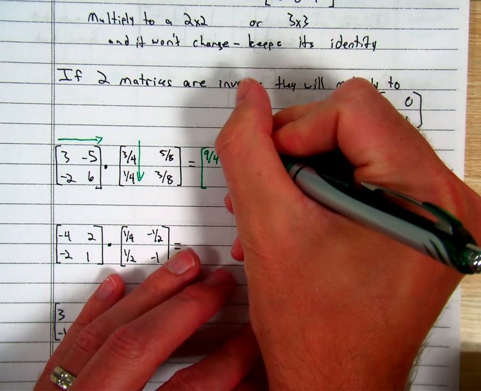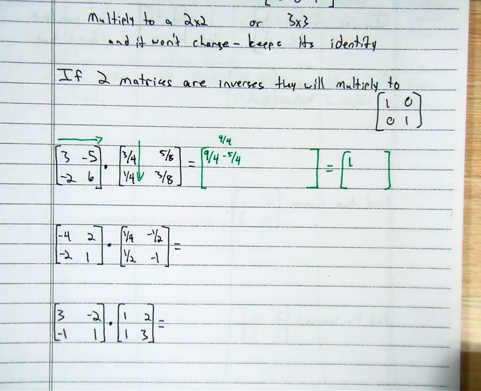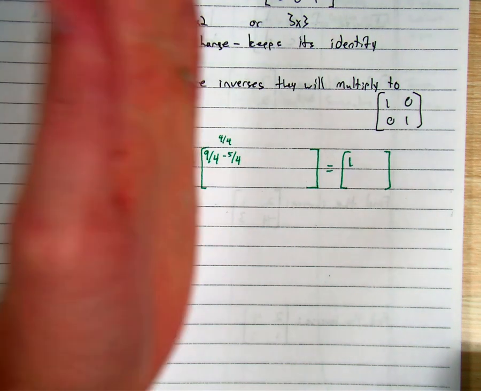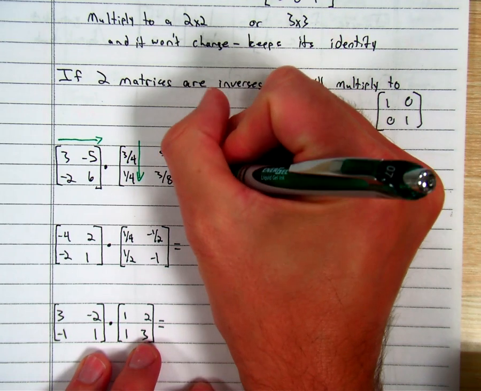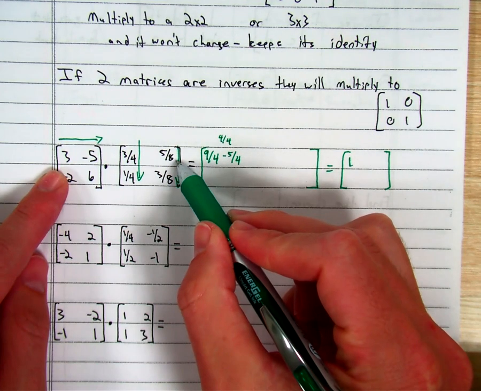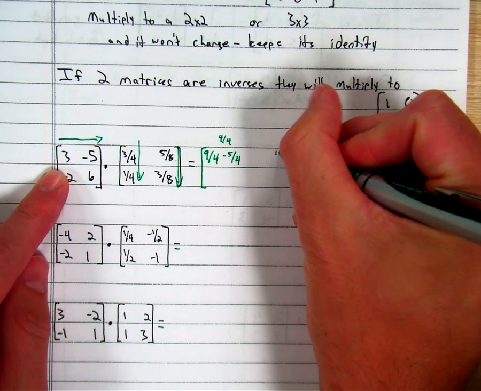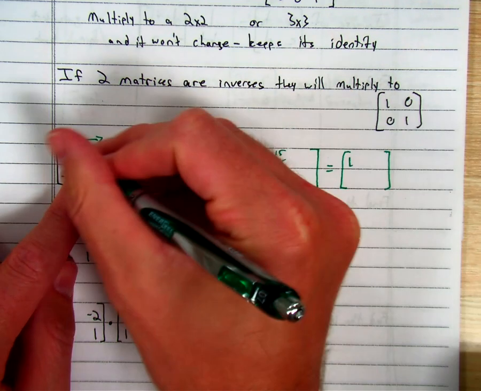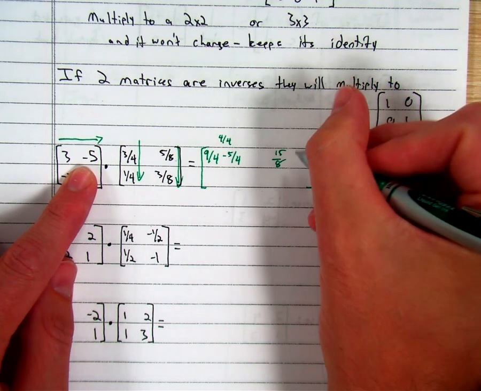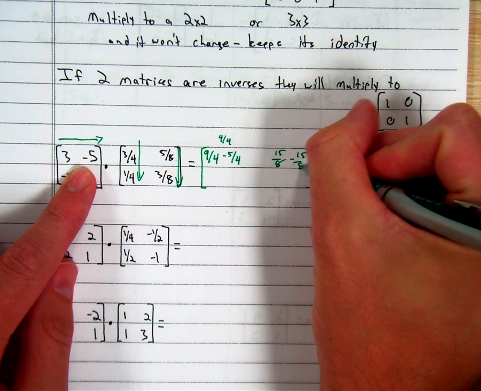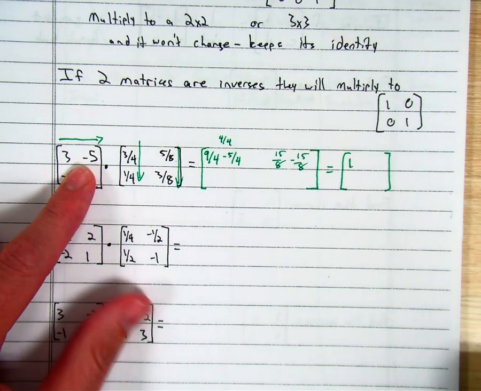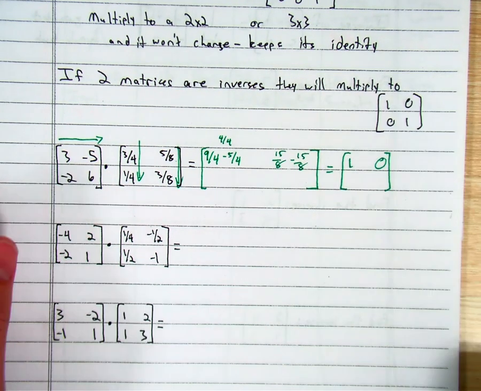All right, that's going to be 4/4 up there. Next one, row times column. 3 times 5/8, 15/8. Negative 5 times 3/8 for negative 15/8. And 15/8 plus a negative 15/8 is 0.